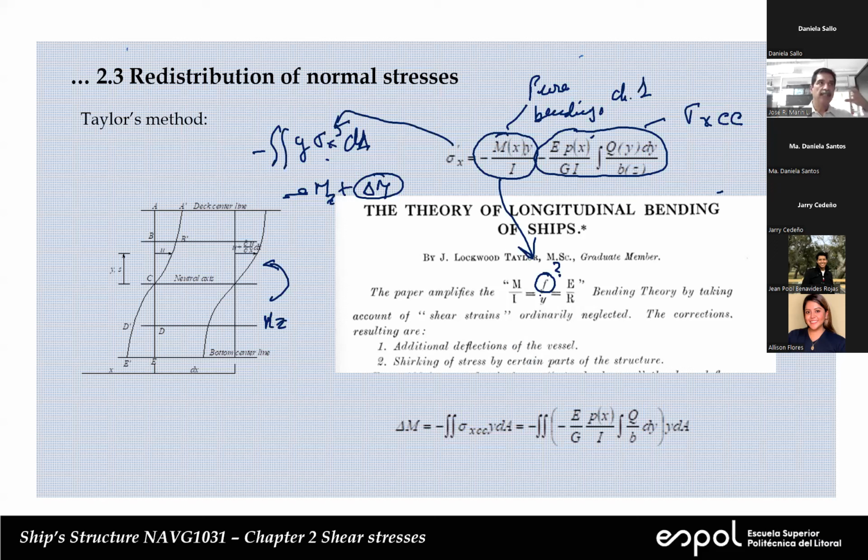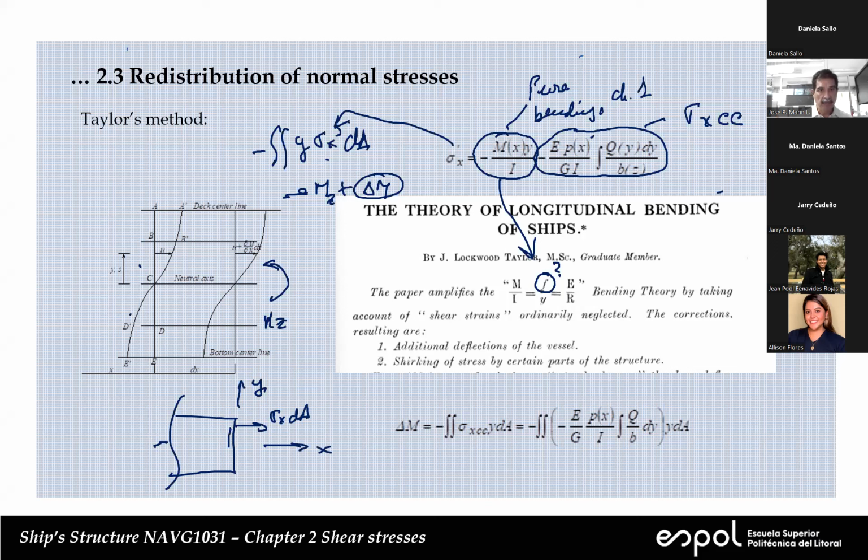Now, let's suppose that we are able to calculate this delta M. So this delta M is equal to, as we said here in chapter 1, the normal stress times dA, that's force, and we take an arm Y. This is X, this is Y. This is going to be sigma X dA, so this is a little differential force.